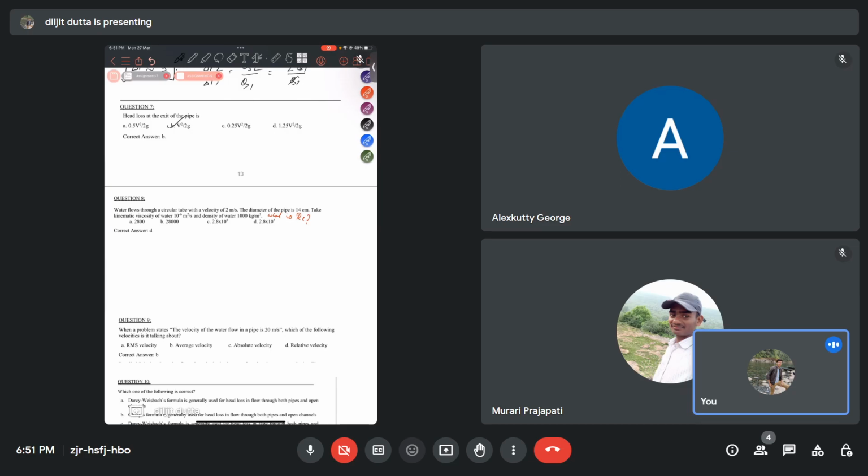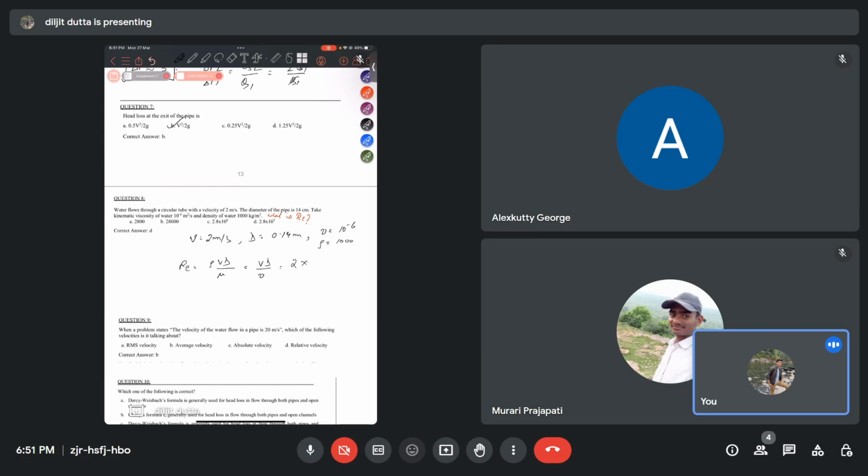Now the water flows through a circular tube with a velocity of 2 meter per second. The diameter of the pipe is equal to 0.14 meter. Take kinematic viscosity as 10 to the power minus 6 and density is equal to 1000. So what is the Reynolds number? Reynolds number is equal to rho v d by mu, which is equal to v d by nu.